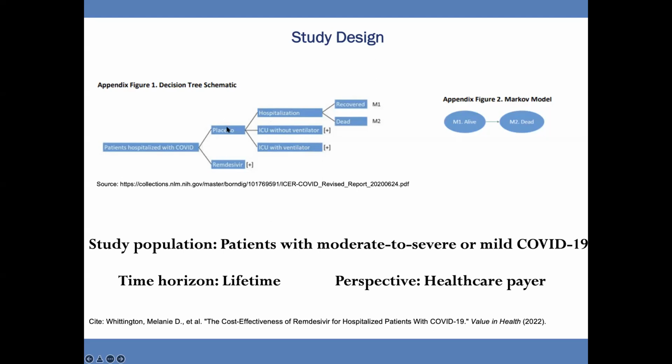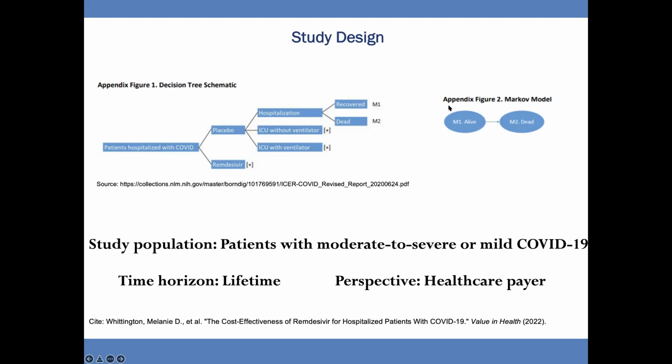For each intervention, you need to specify the different events: whether the patient is hospitalized, whether the patient ends up in ICU without ventilator, or in ICU with ventilator, and if the patient is in hospital, whether he recovered or whether he's dead, right? So when we build the model, we need to specify all the possible clinical events and pathways.